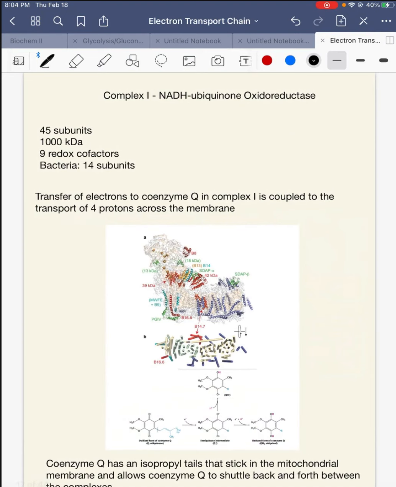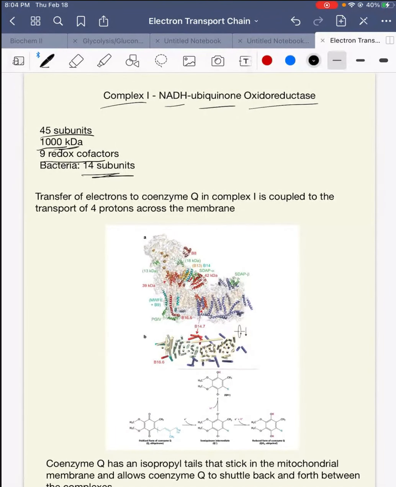So our first complex is complex 1. Sometimes it's called NADH ubiquinone oxidoreductase. It's made up of 45 subunits. That's a really big protein, 100 kilodaltons, and it has 9 redox cofactors. The bacterial version of this is still really big, with 14 subunits.